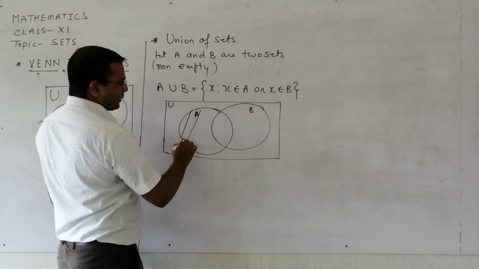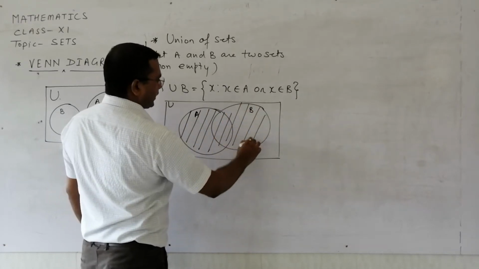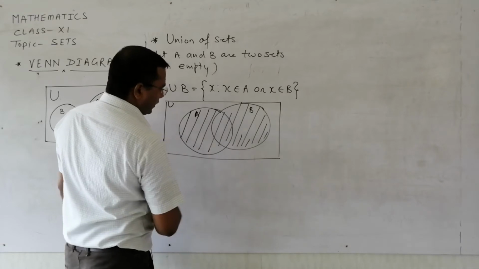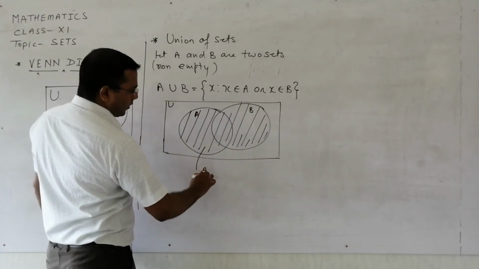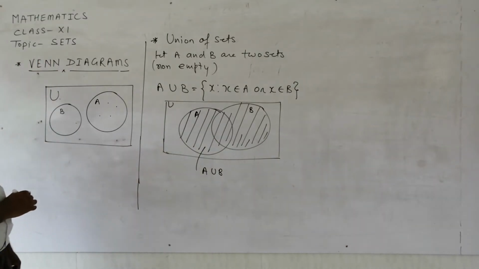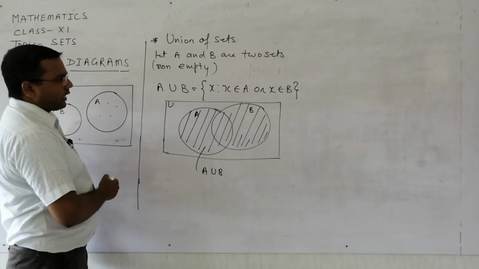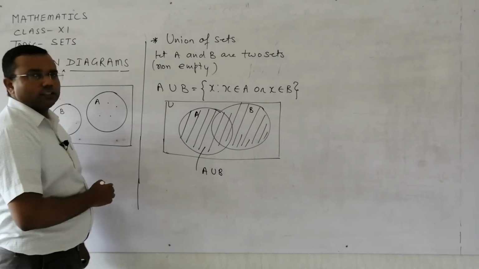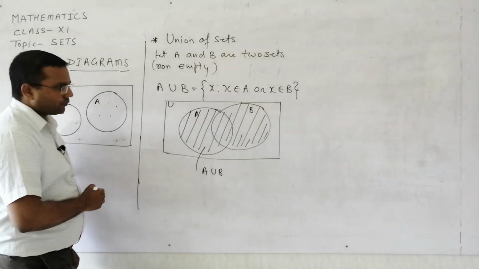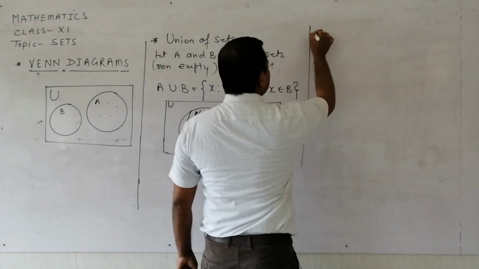And if I shade this part, then this shaded region represents A union B. So like this you can easily understand with the help of the Venn diagram how to represent set relations. There are certain properties of the union.